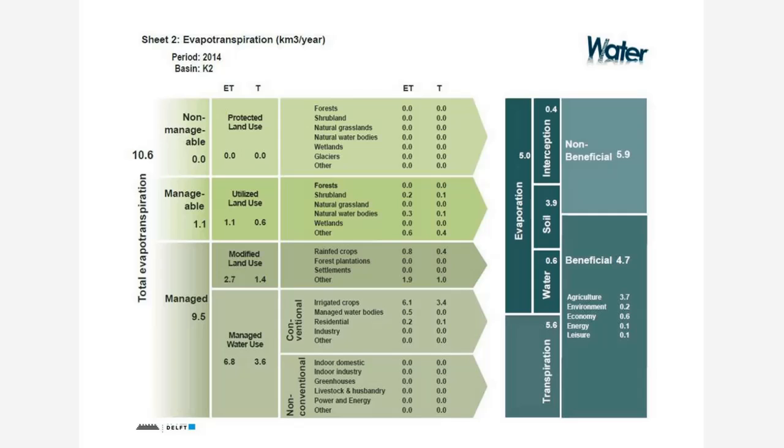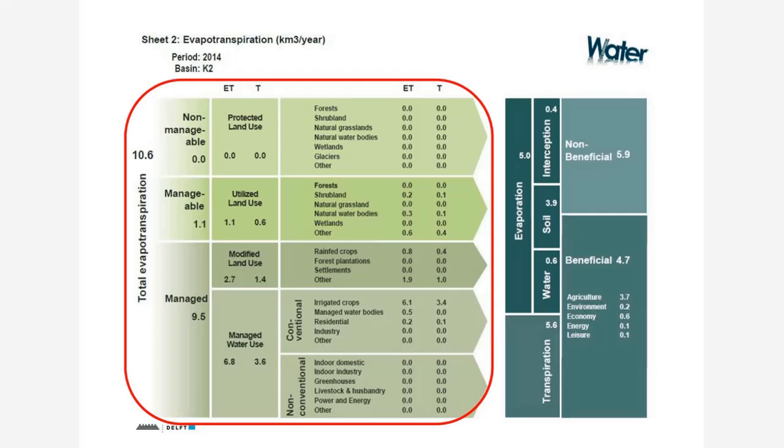You have a part on the left, which gives details about the different land use types and how much is the ET and the transpiration for every land use component. These categories are then grouped into macro categories like protected land uses, and manageable or already managed land use types.